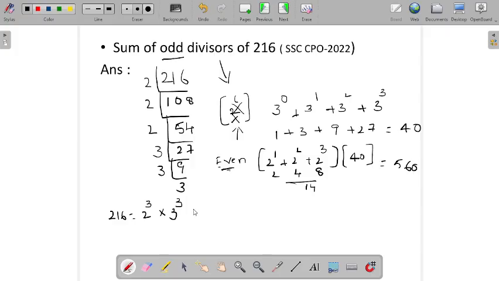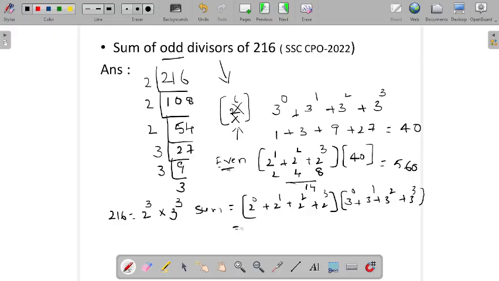Let us find out the sum of total factors. 2 power 0 plus 2 power 1 plus 2 power 2 plus 2 power 3, into the same thing I have applied here, 3 power 0 plus 3 power 1 plus 3 power 2 plus 3 power 3.